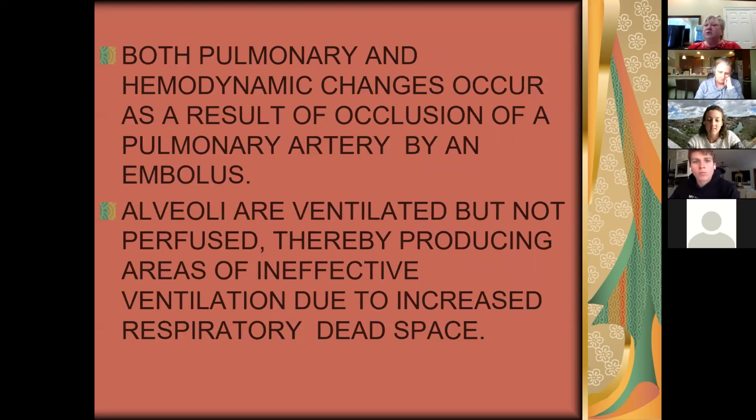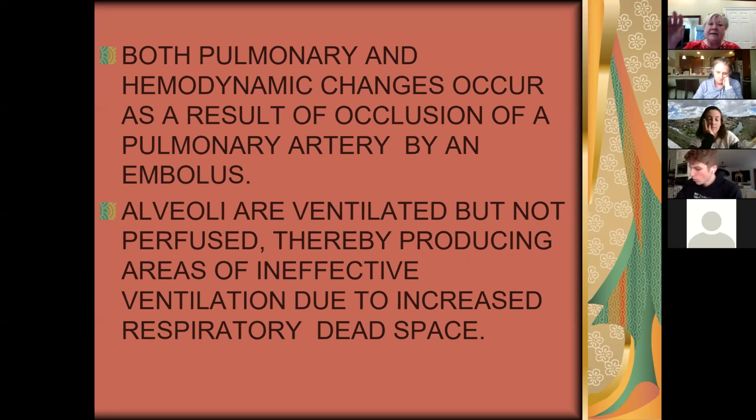Okay. Now, it affects both the pulmonary system and the hemodynamic changes, hemodynamic meaning cardiovascular changes that occur by blocking of the pulmonary artery. And it has to do with the fact that gas exchange isn't taking place because blood isn't going past the alveoli, so gas exchange is affected.